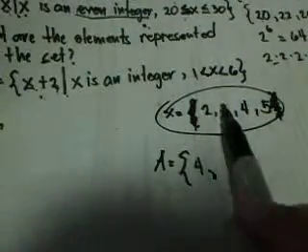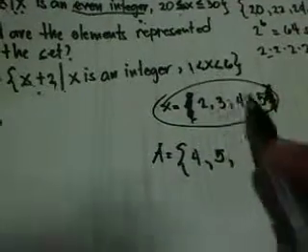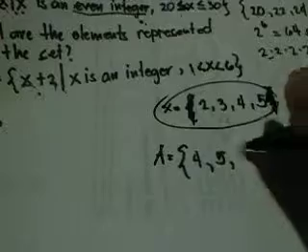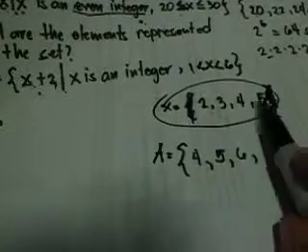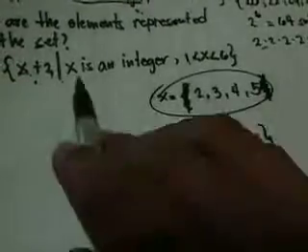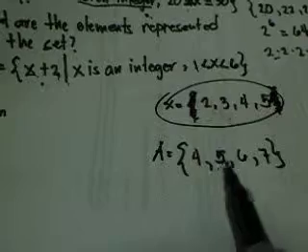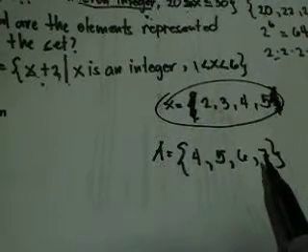Then x is 3, and 3 plus 2 is 5. 4 plus 2 is 6. Then 5 plus 2 is 7. So the elements here are 4, 5, 6, and 7.